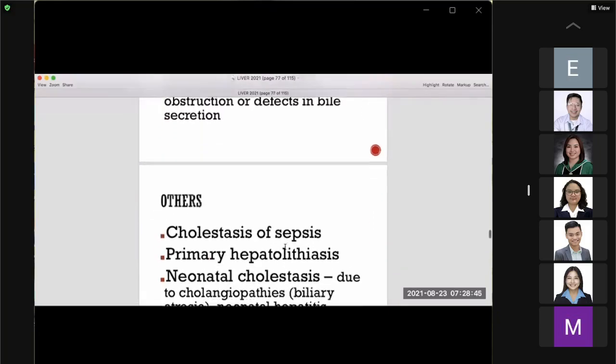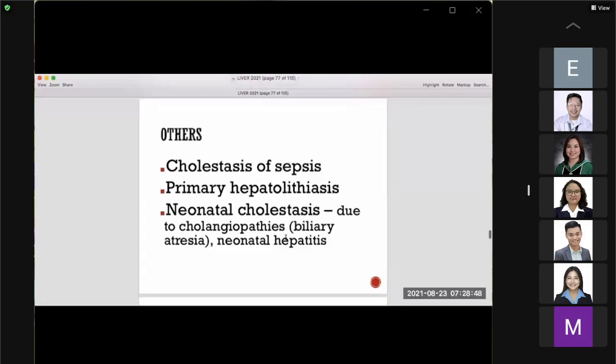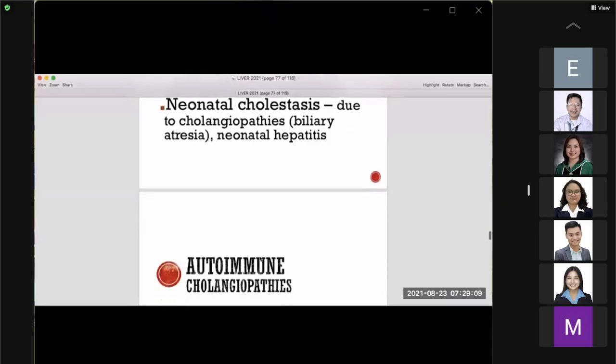Okay. Other conditions, including cholestasis of sepsis, in the presence of septic condition, primary hepatolithiasis. Lithiasis is stone formation. We also have neonatal cholestasis. This is due to cholangiopathies like biliary atresia, as well as neonatal hepatitis.